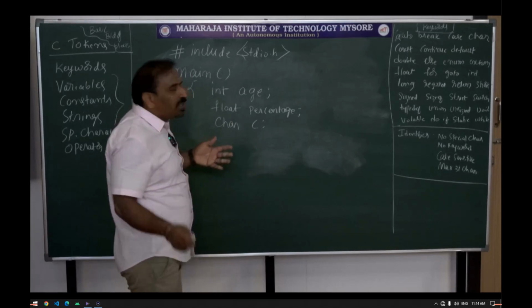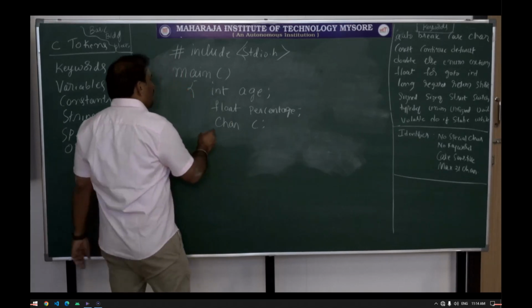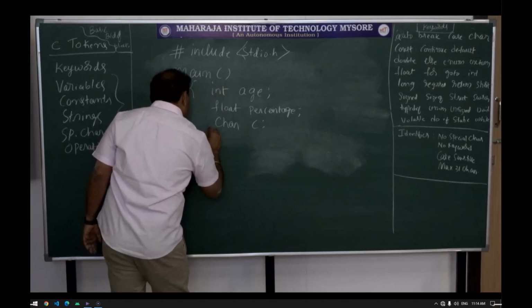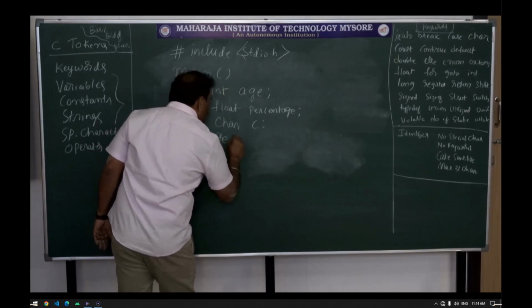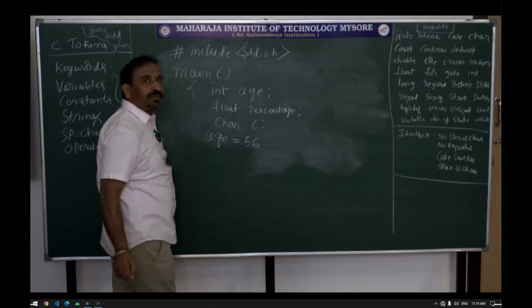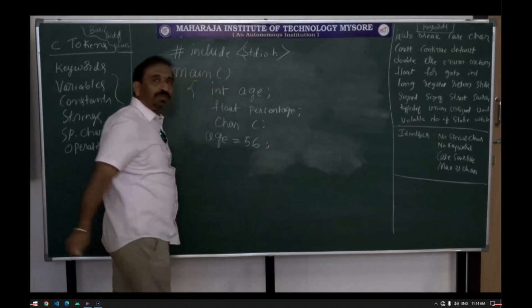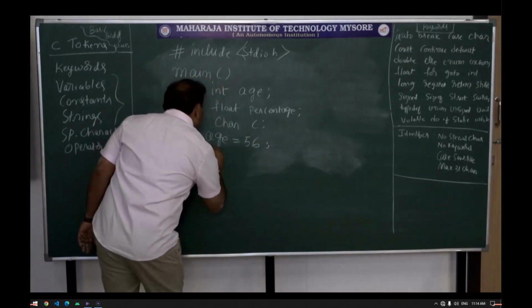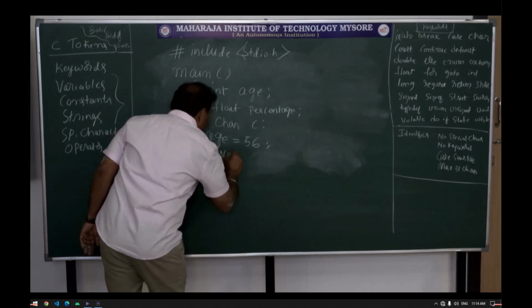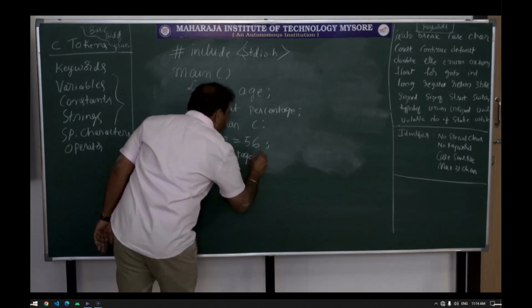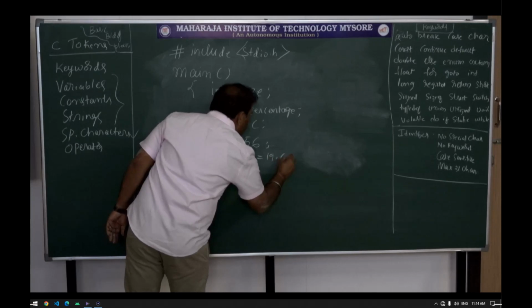Then I am using some printf statements to do this. I will assign some values. So let age equal 56. Percentage is equal to 19.65.